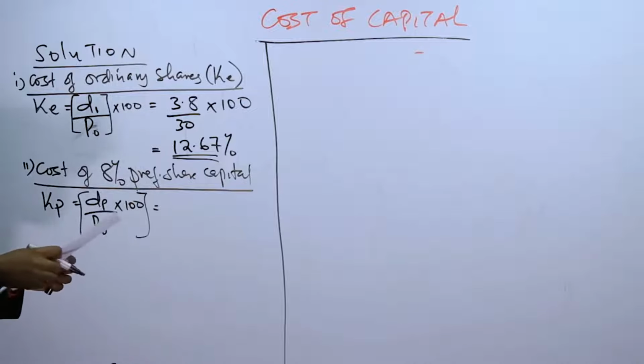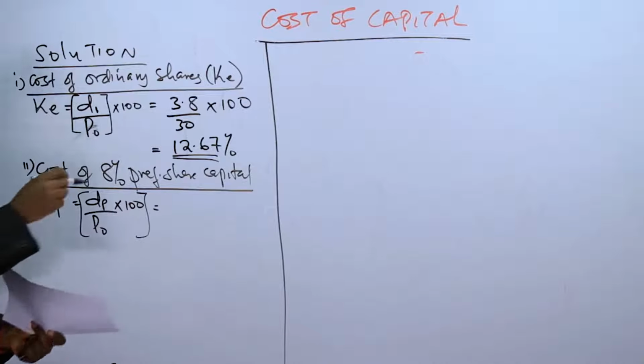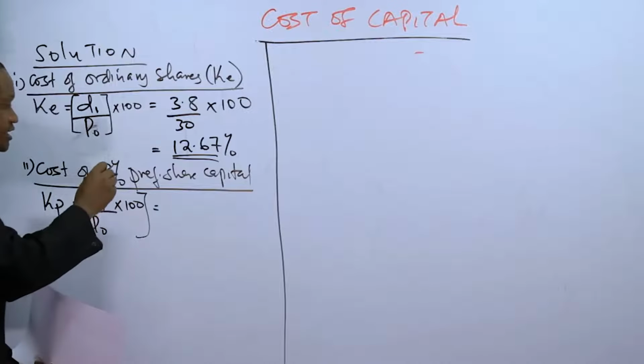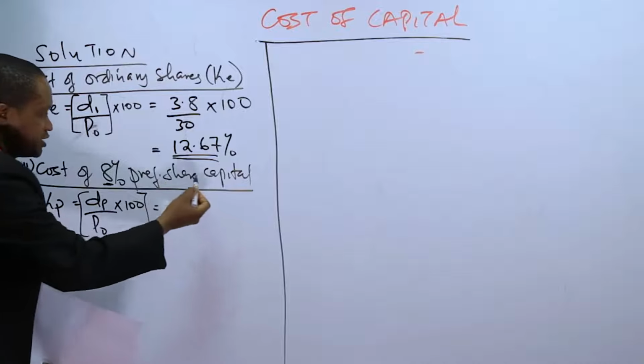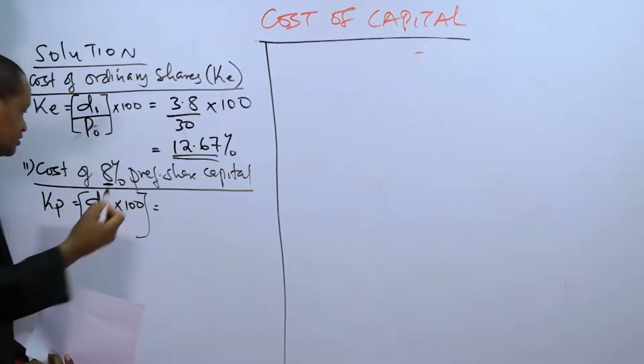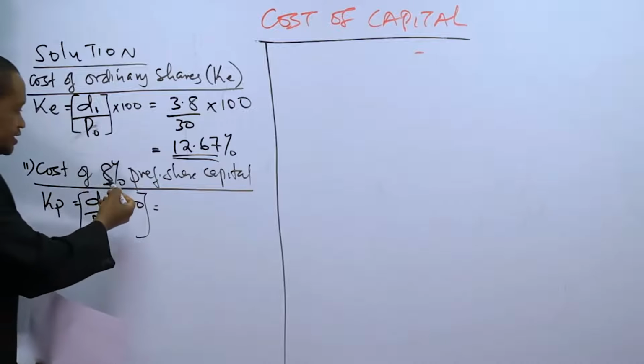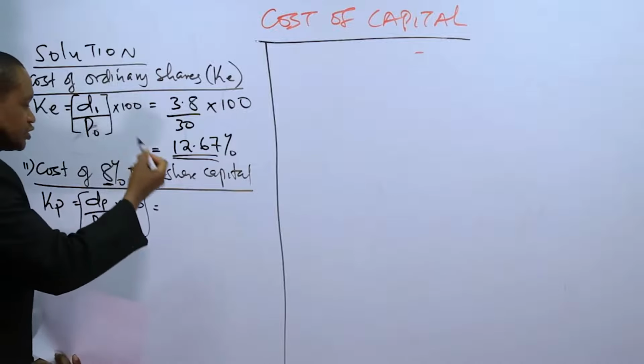So what is the dividend for the 8% preferred stock? The dividend is 8%. This is the return that these preference shareholders are expected to earn, 8% on every stock.